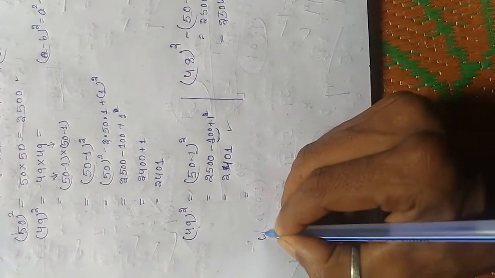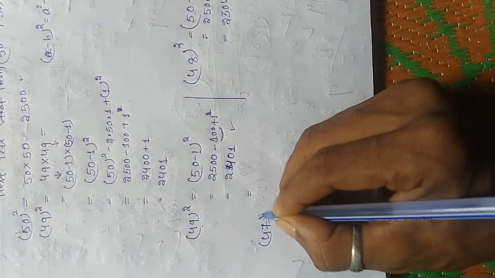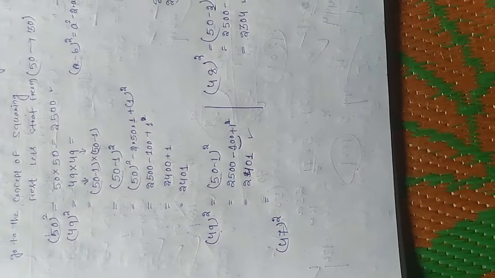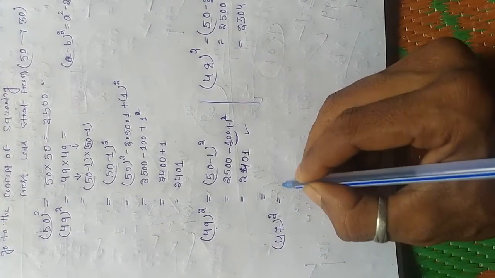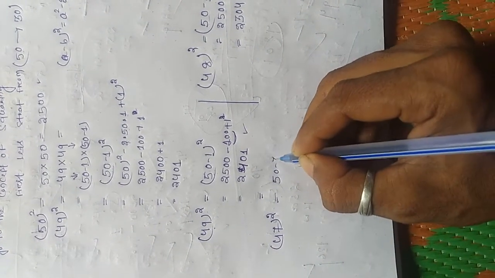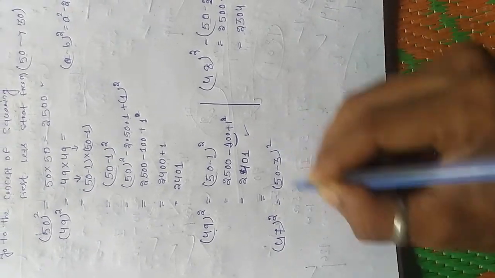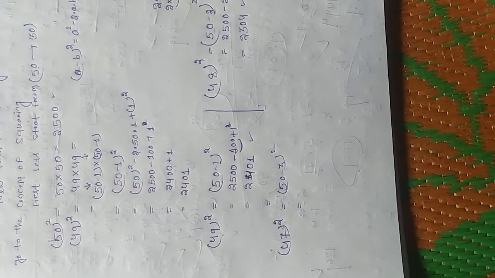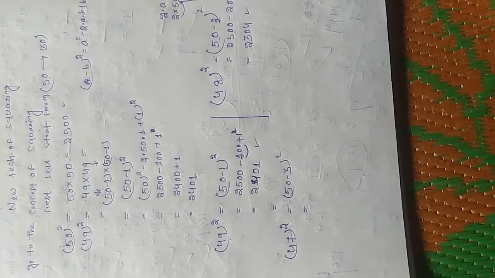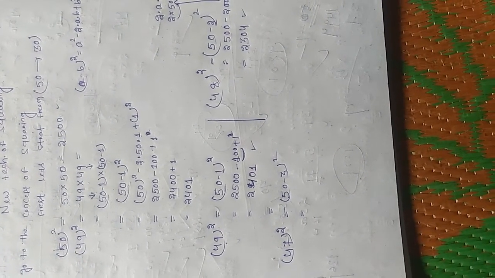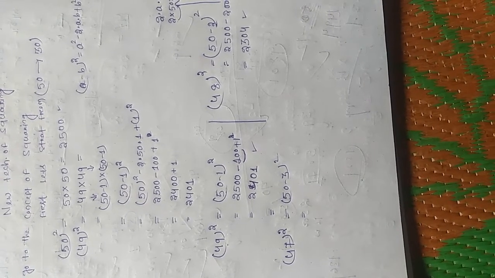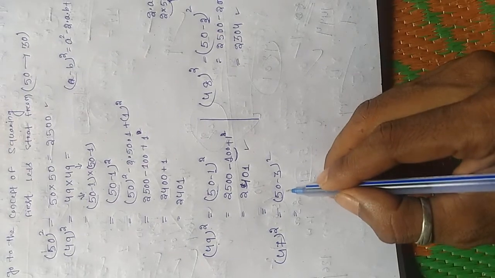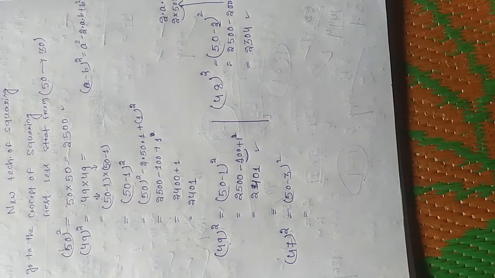Let's begin another one, 47 square. Look, once you learn the concept, you will be able to do it very quickly. 47 is equal to 50 minus 3. Just 50 minus 3 square. After practicing a little bit, you do not need to write it down. You will be able to do it orally. 50 square will be 2500.